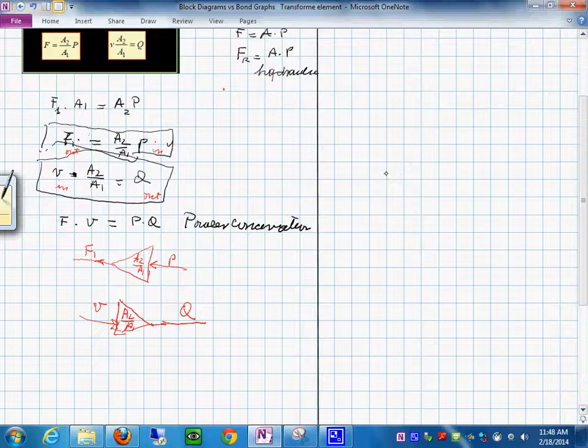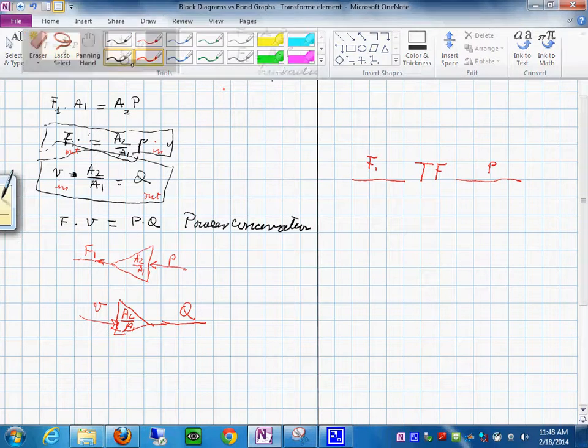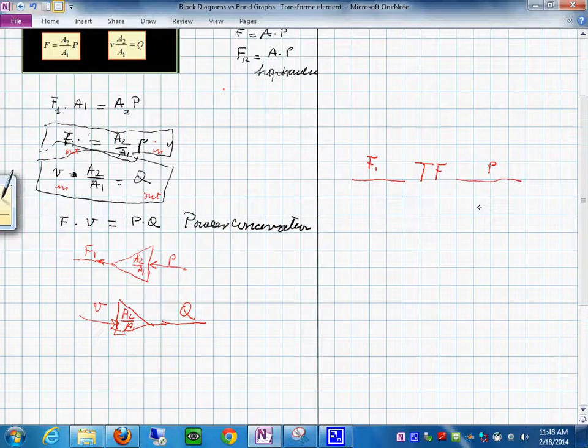But if you come to a bond graph model where you have the TF element, the way you represent the same thing is that the input is P, and this is F in this case. This is Q on this side and this is V on this side.